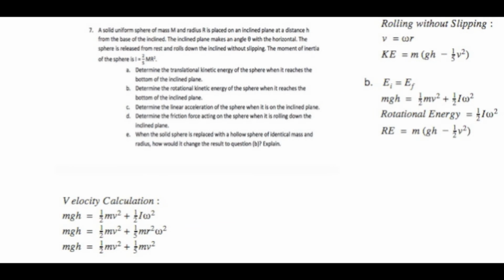Then mgh will equal 1/2 mv squared plus 1/5 mr squared omega squared. And we could say this because, again, we plugged in the 2/5 mr squared for I.